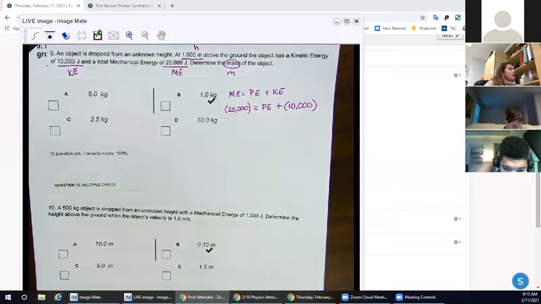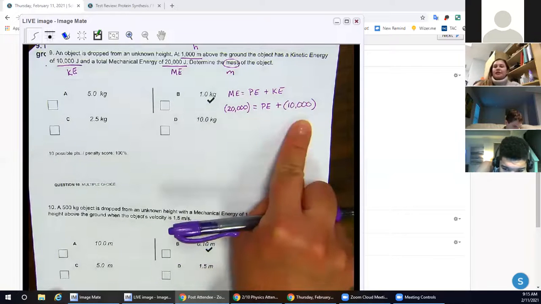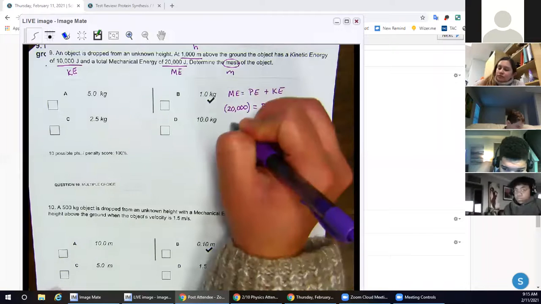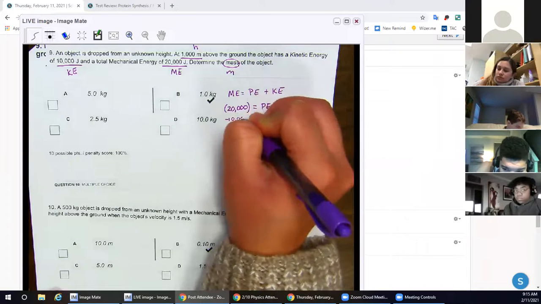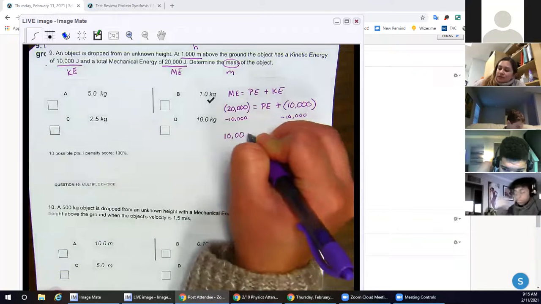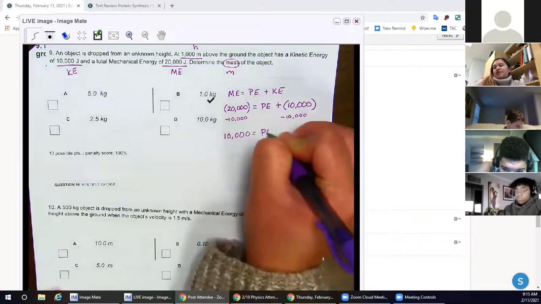So you can go ahead and subtract your kinetic from your mechanical energy. So mine is 10,000. So you're going to have 10,000 equals your potential energy.